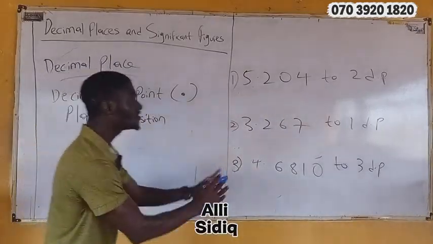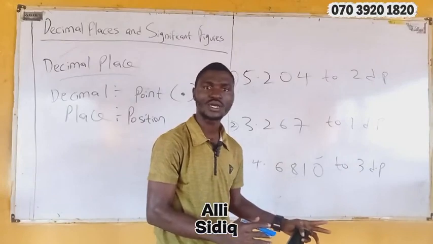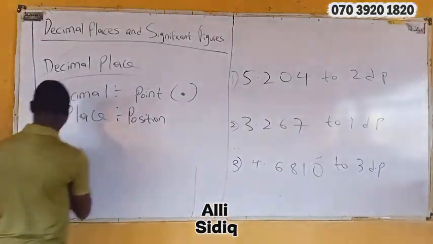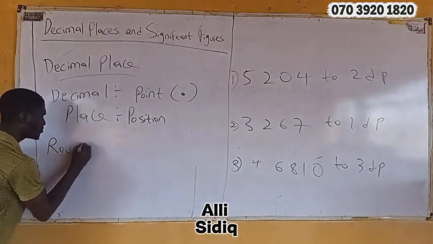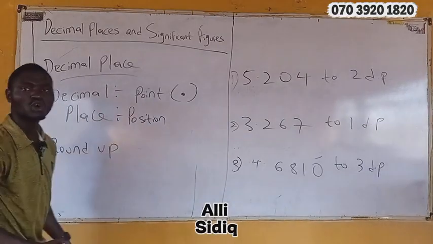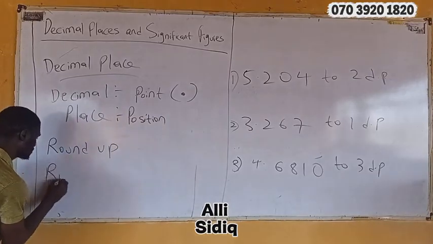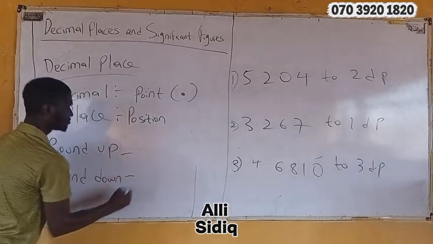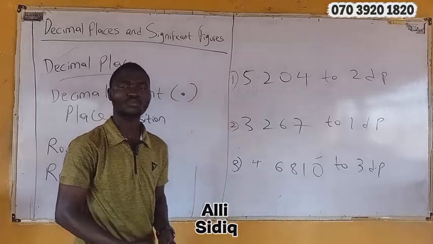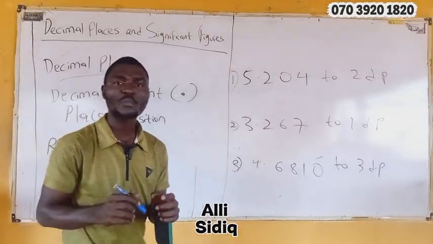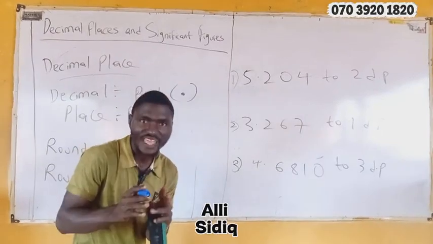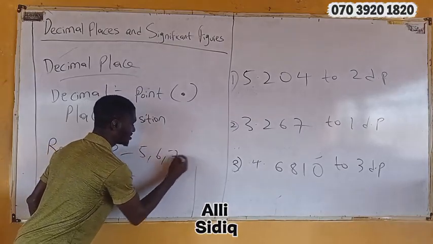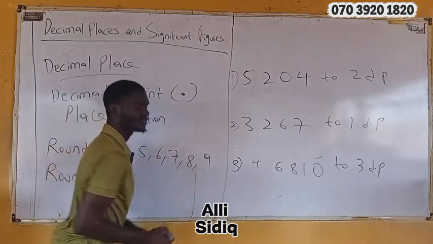Now, to solve these questions in your JAMB, there are things you need to know. You need to know what we call round up and round down. What do we mean by round up? You can only round up a number that is 5 and above: 5, 6, 7, 8, 9.